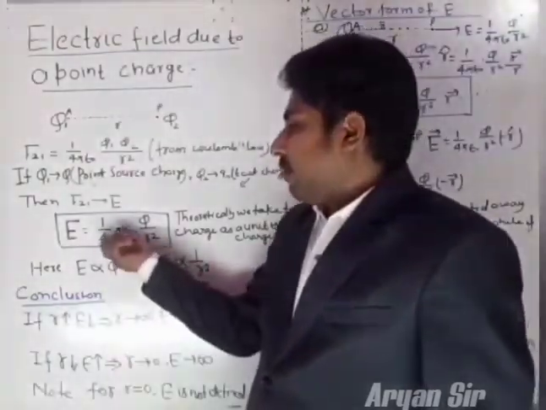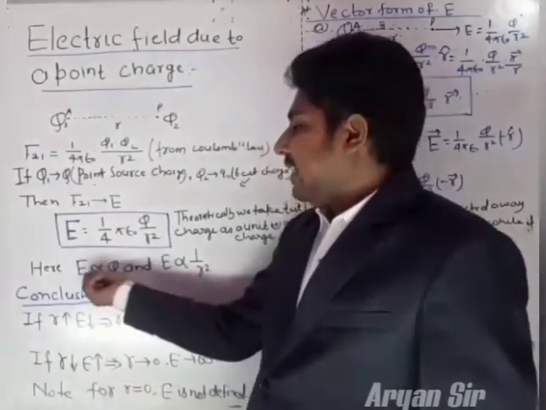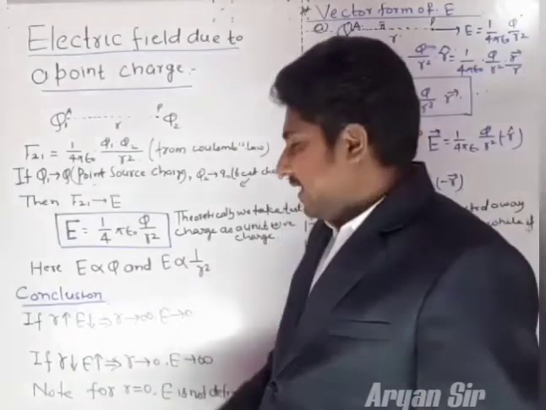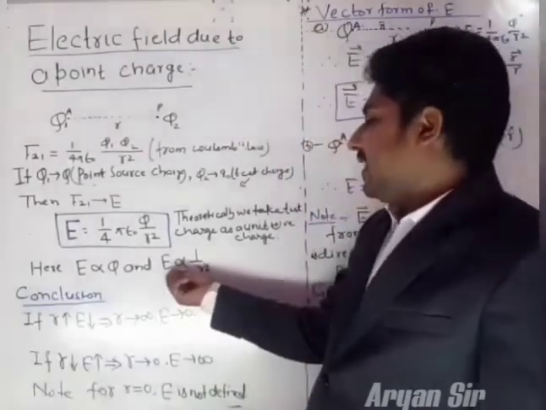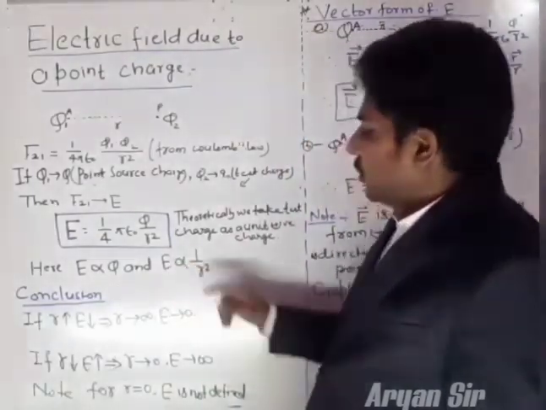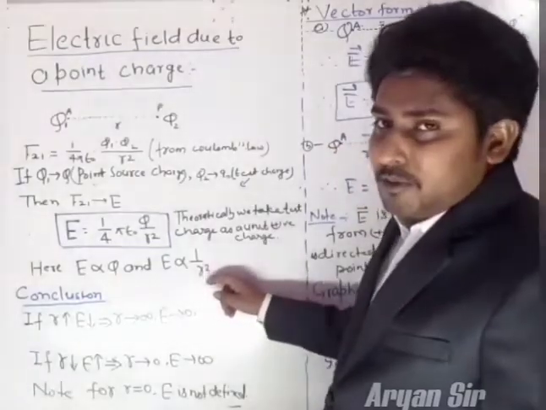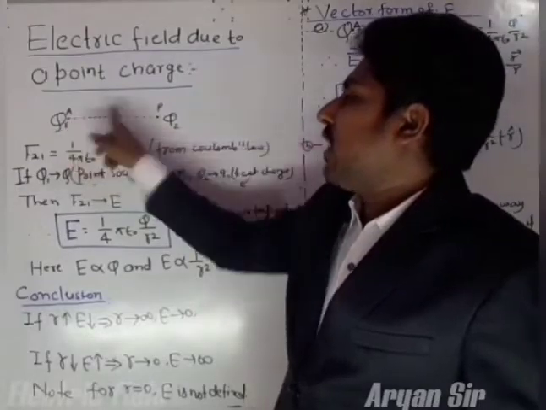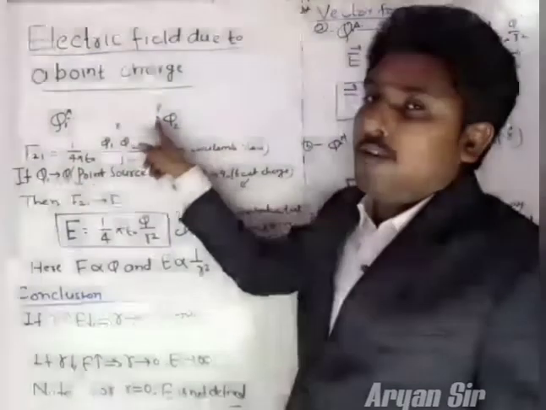Here we can say from this formula that electric field intensity is directly proportional to q, and inversely proportional to the square of the separation between the source charge and the point of observation.